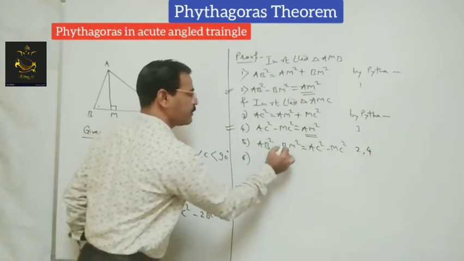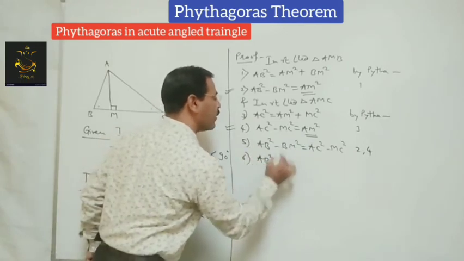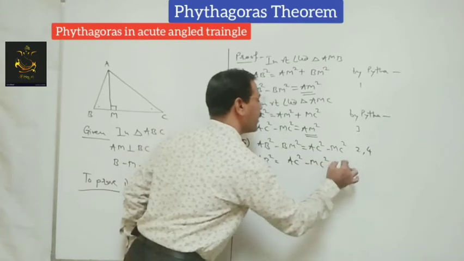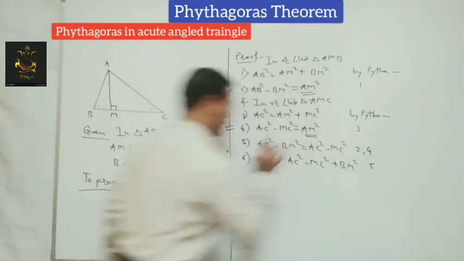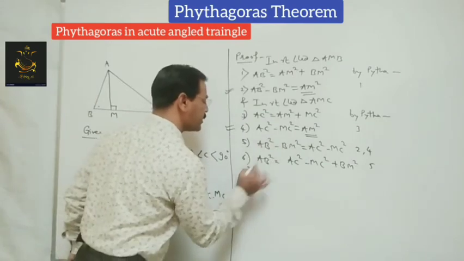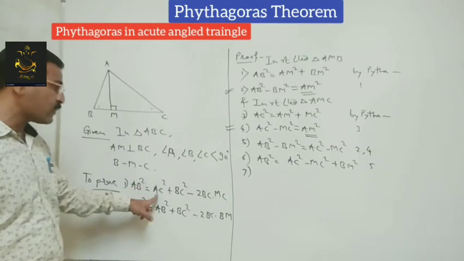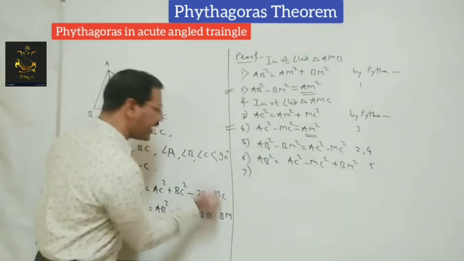See here, this BM square goes to that side because we need this side only AB square. See first, AC square minus MC square plus BM square. This is from fifth step. Now the next part just try to observe here. What is that? AB square. We need AC square. Yes. And here, this MC square, BM square, we need MC square.